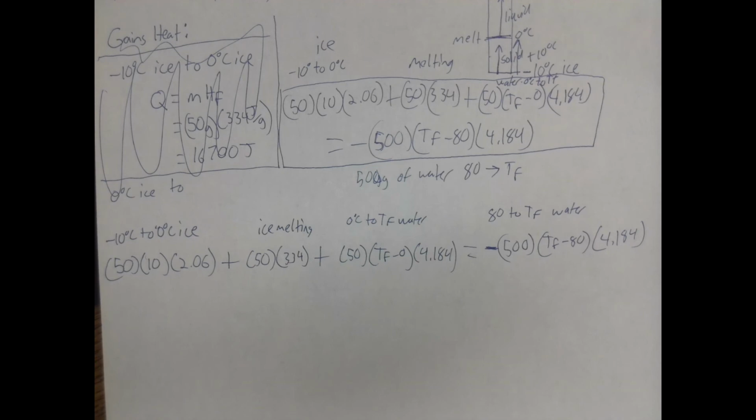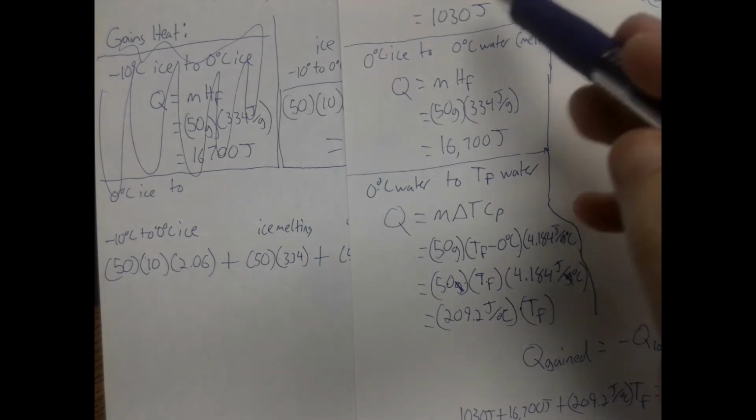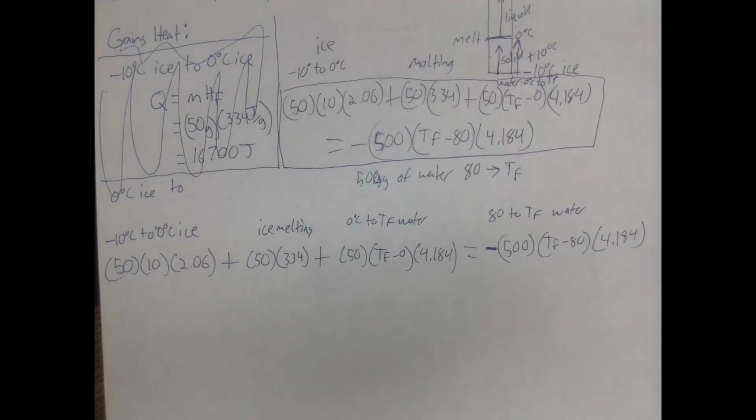I know some students like to break everything out. However, if you do it this way, it's very easy to make a mistake. At least here, you can look over your entire equation. We know that here, all the masses should be 50. We know during ice, CP should be 2.06.